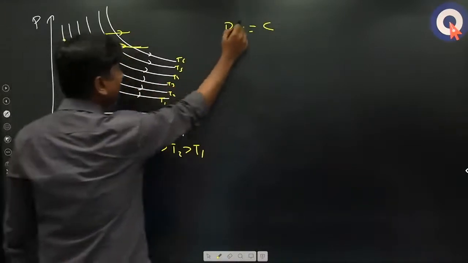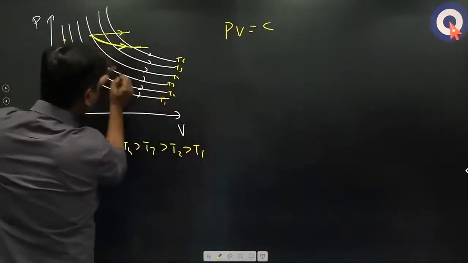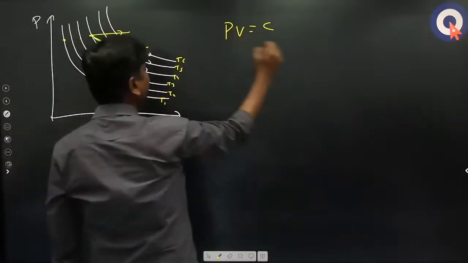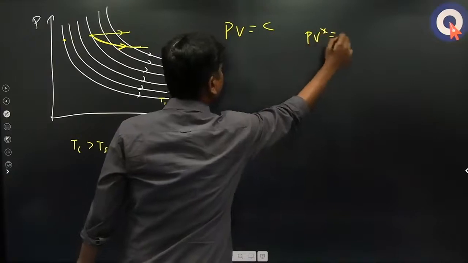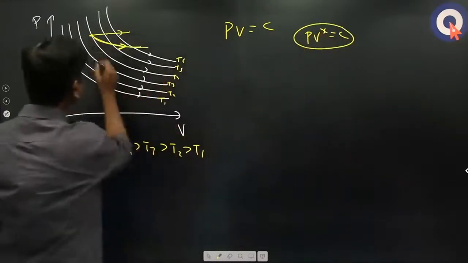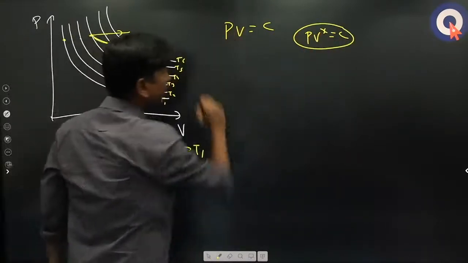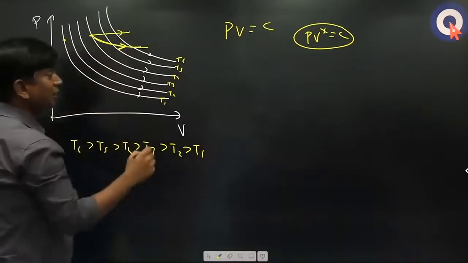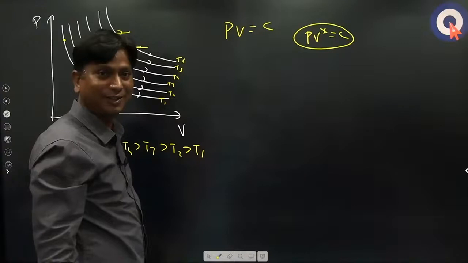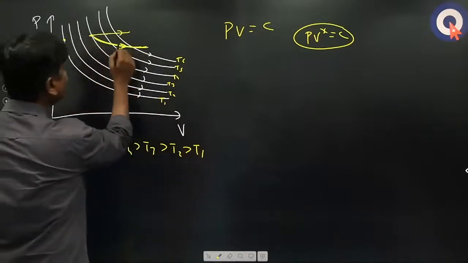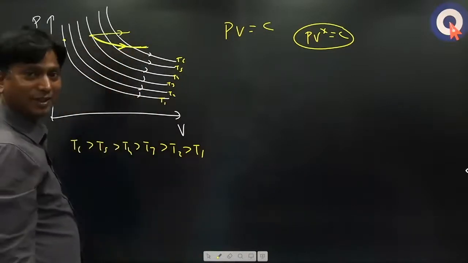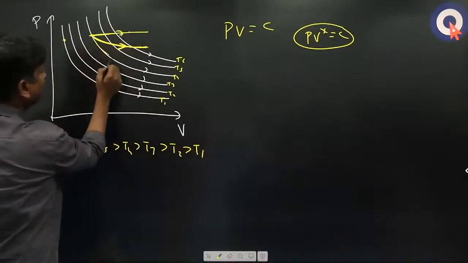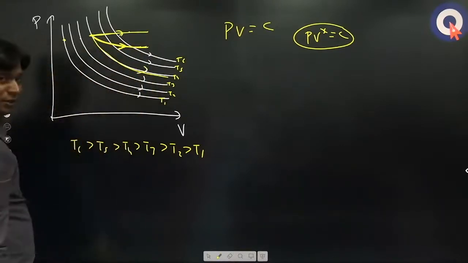If you think that PV to the power X is equal to constant, then for isothermal the value of X is 1. But if you are going like this, the value of X is less than 1. So 0 to 1 means you will get this curve, right? X equal to 0 means you will get a horizontal line. X equal to 1 means isothermal, temperature constant.